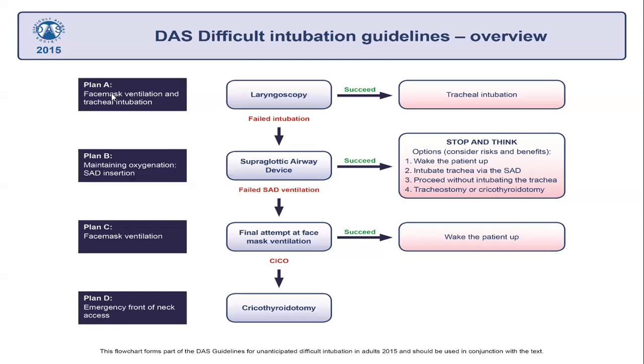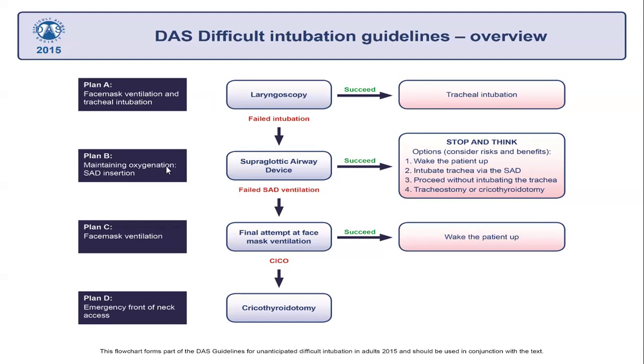Then you will follow 3 attempts of plan A. And if the first attempt failed, you have to go for pre-oxygenation again for 5 minutes. So at any time you do intubation, you have to wait for 5 minutes of pre-oxygenation. Clear? Okay, sir. Okay.